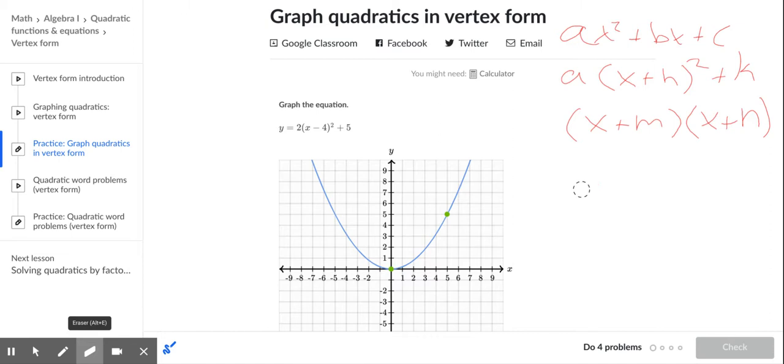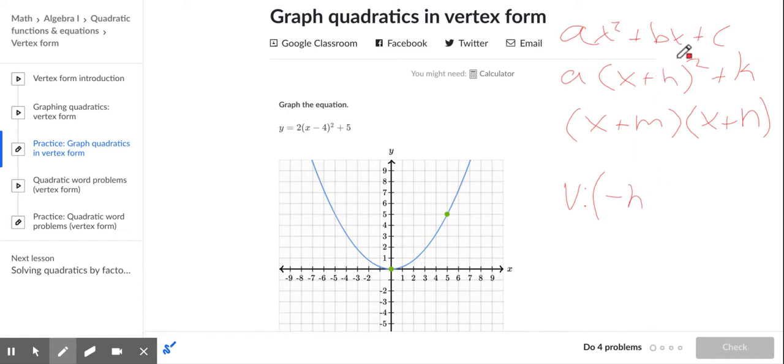In vertex form, we can just say the vertex is negative h, in other words, the opposite of this number here. So if this is, say, positive 2, then the x-coordinate of the vertex would be negative 2. And if this is negative 2, then the x-coordinate of the vertex would be positive 2.